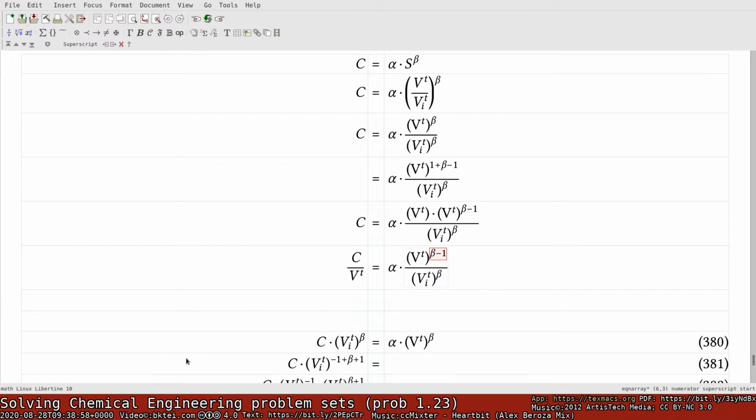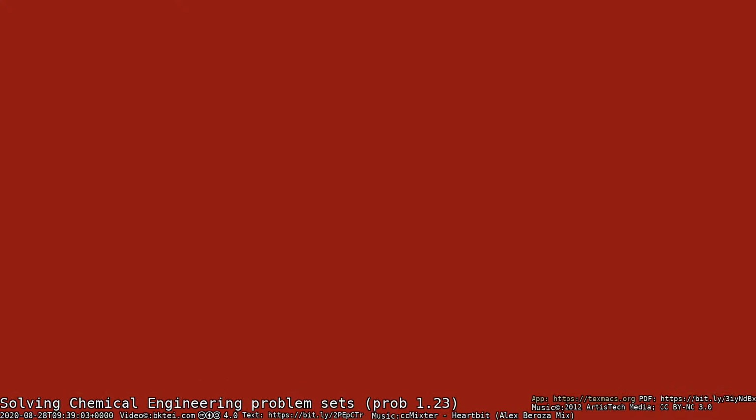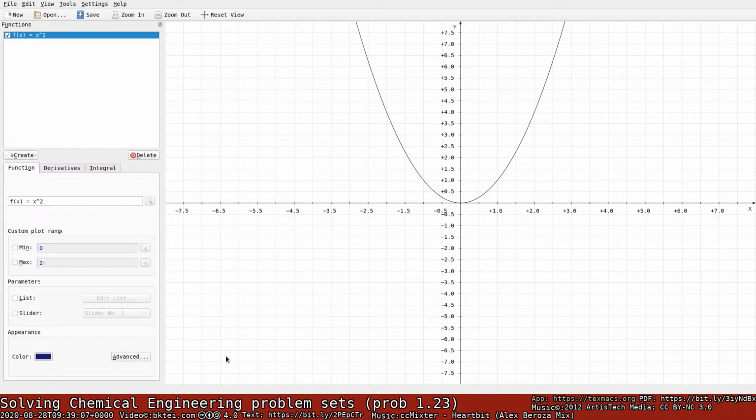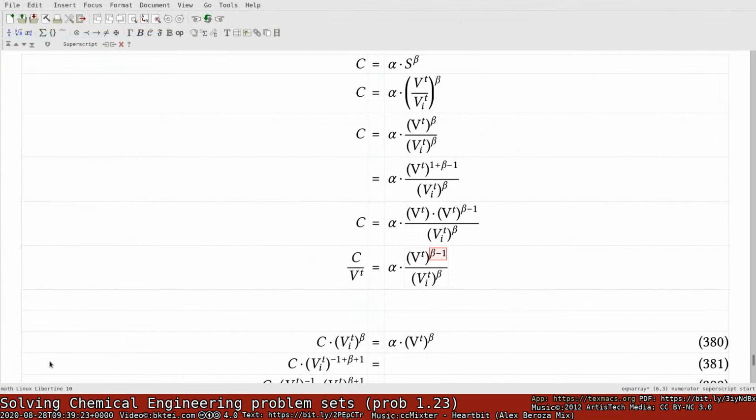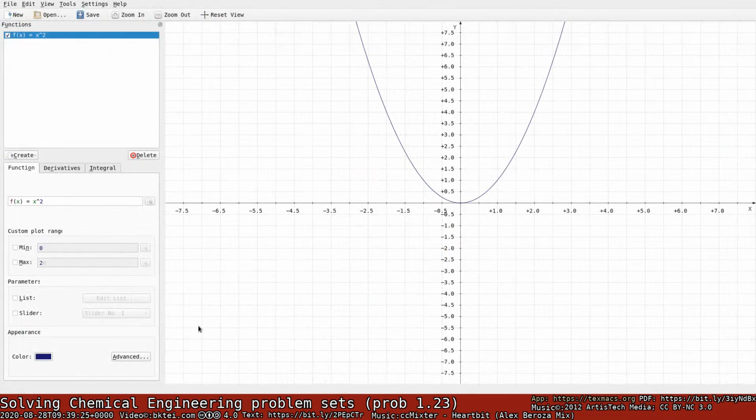Okay, good. Let's go ahead and remove that. Does that still leave TechMax? Yep, still does. Okay, so ChemE plot. Let's kill GeoGebra.